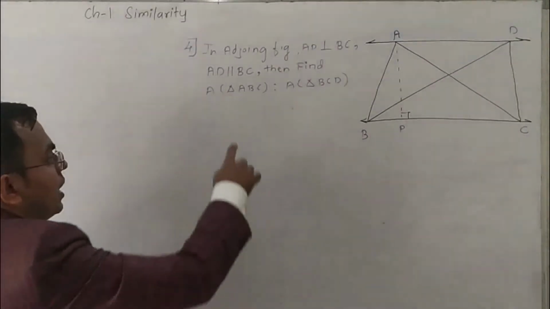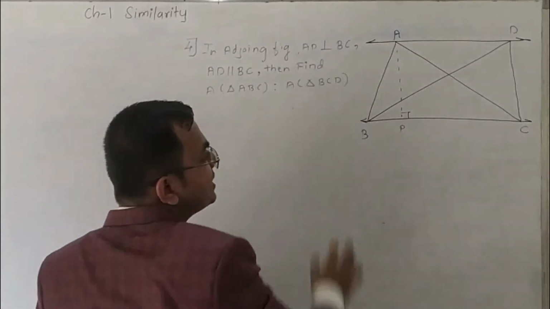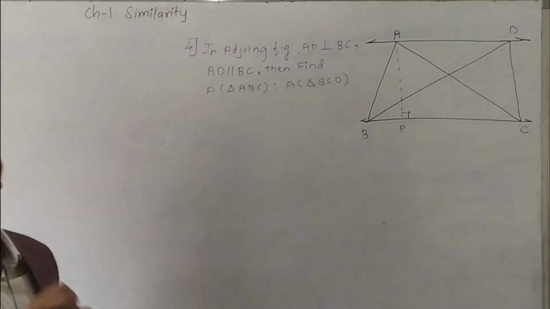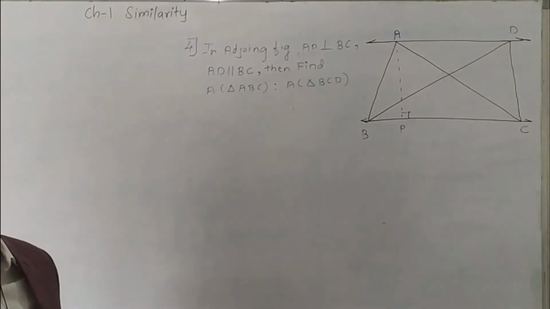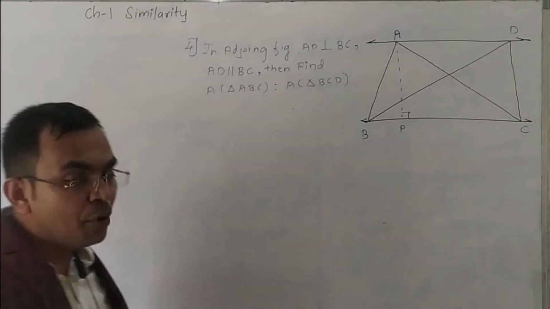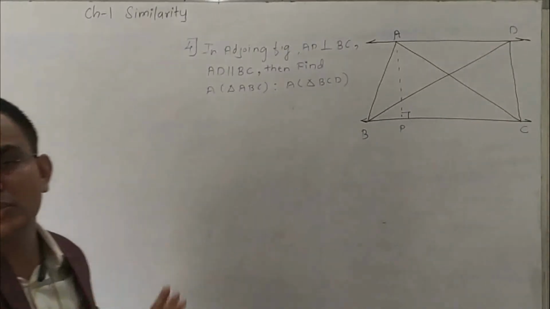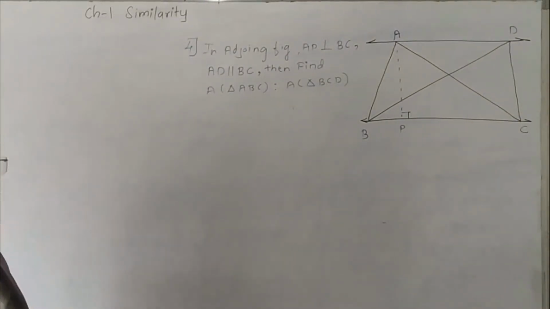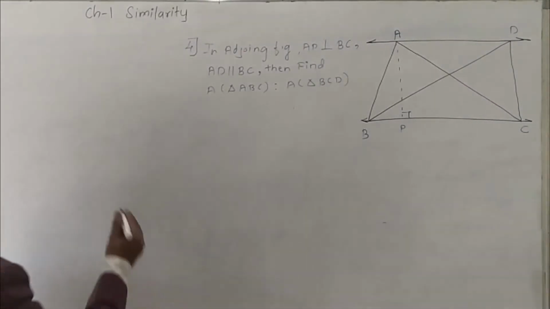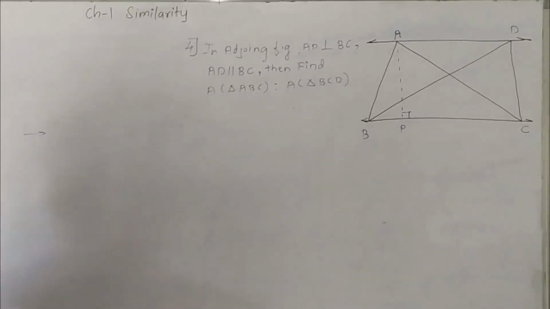Triangle ABC and triangle BCD are between two parallel lines, so the height will be equal, and both triangles have common base BC, so the base is also equal. So these two triangles should be equal in area, but we have to prove it. Let's solve that sum.